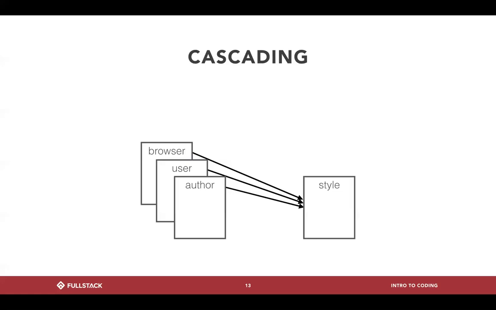And then when you go to a website, whoever made that website has their own styling that they're going to try to apply to the website. That's going to be on what's referred to as an author style sheet, and that'll overwrite any of the other two style sheets. Does that make sense? There's a whole bunch of slides and a lot of information on this topic. I know we're trying to cram it all in, but we'll have plenty of time to talk about this.